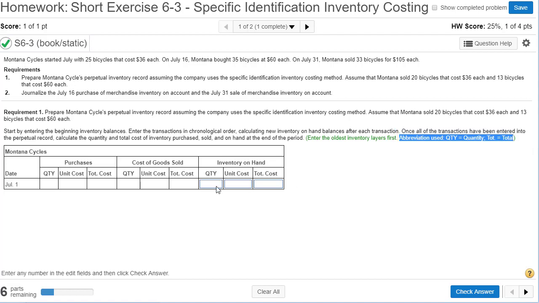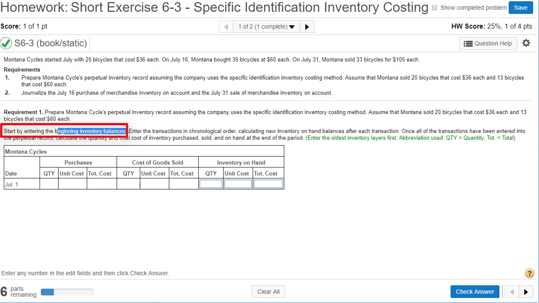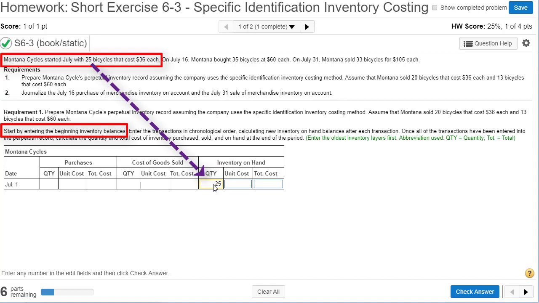So what they wanted us to do first, it says start by entering the beginning inventory balance. So let's go back up here. The company started July with 25 bicycles that cost $36 each. So here's our inventory on hand columns. So we're going to input 25 bicycles. We're going to tab over 36, and then we need the total cost.